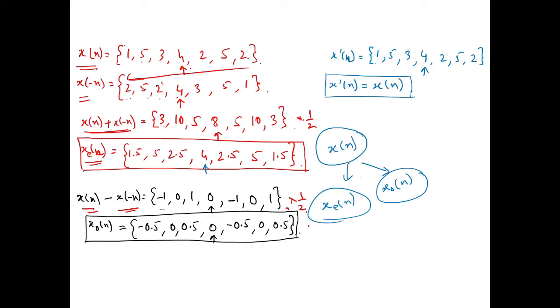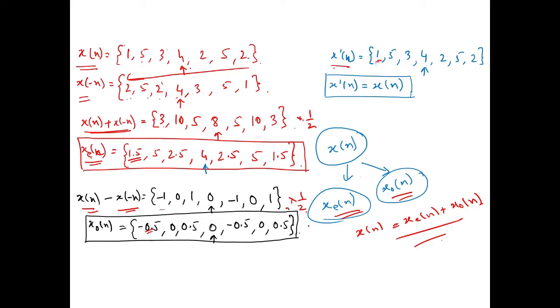We already said that this x[n] is made up of xe[n] and xo[n], which is given by xe[n] plus xo[n], right? Now if we add up xe[n] plus xo[n], so half plus minus 0.5, it is 1.